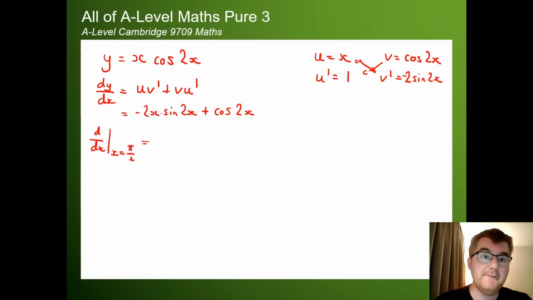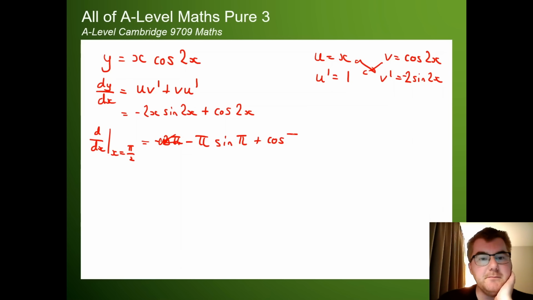So we put it into our function, so we get minus 2 pi over 2, so minus pi, because we get a cancellation here. So let's write that again: minus pi sine, and then 2 times pi over 2, that's just sine pi, and plus cos, well, 2 times pi over 2 is just pi as well. So remember, pi here, again, you have to work in radians.